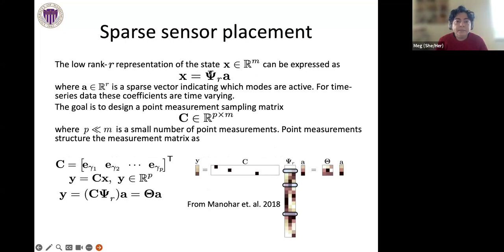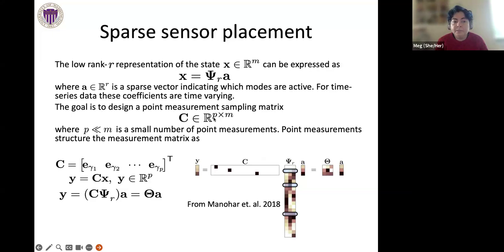The low rank representation of the state can now be expressed as Phi r times A, where A is the sparse vector indicating which modes are active. For time series data, these are time varying. And this is the spatial mode. So the spatial and temporal modes are separated here. The goal is to design the point sampling matrix C, where p is a small number of point measurements.